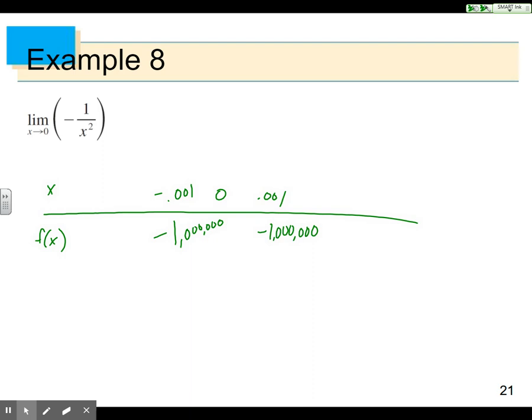Okay. And so we say this decreases without bound. As I got closer to 0, the numbers were just getting incredibly small, away from 0 on the negative side. And so I would get negative infinity, where the limit actually does not exist.